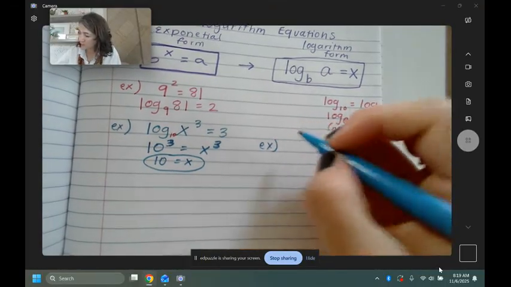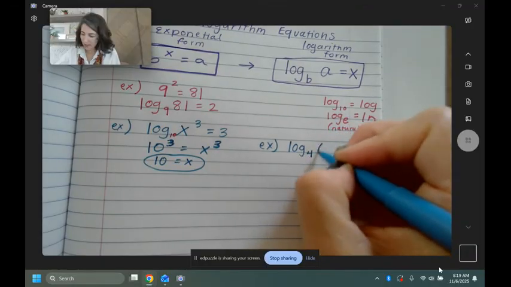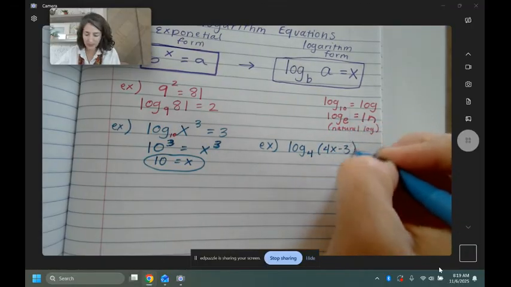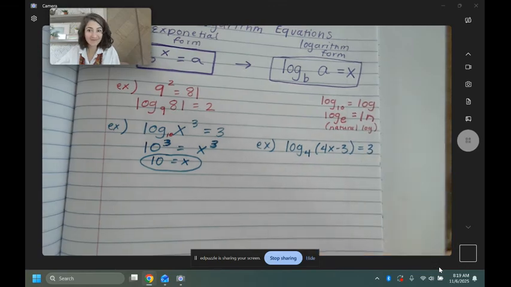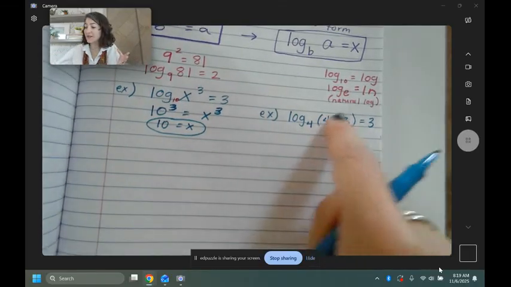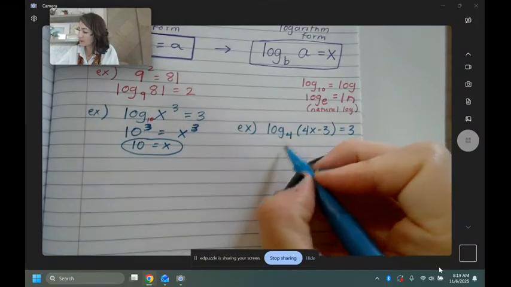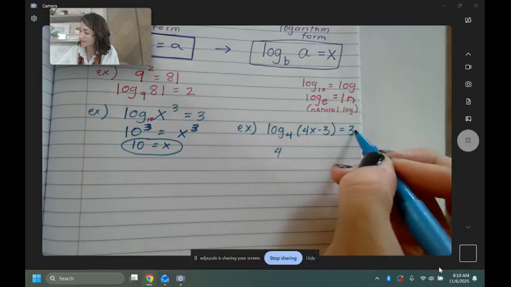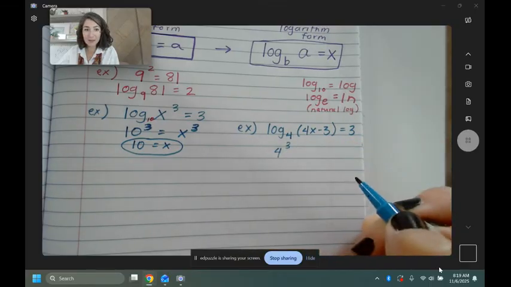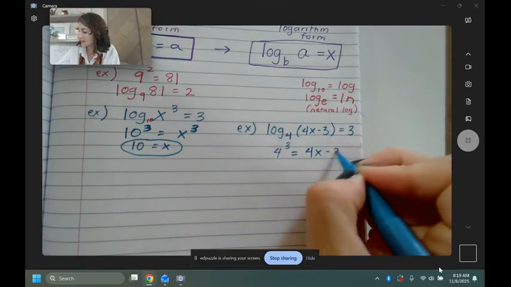Sometimes they're very helpful. Another example, log base 4 of 4x minus 3 equals 3. Okay, again, if there's only one log in my problem, I'm going to just rewrite it as an exponential, especially if the x is in the a part. So if we rewrite this one, the base is 4, the answer is 3, the exponent is 3, equals the a, 4x minus 3.